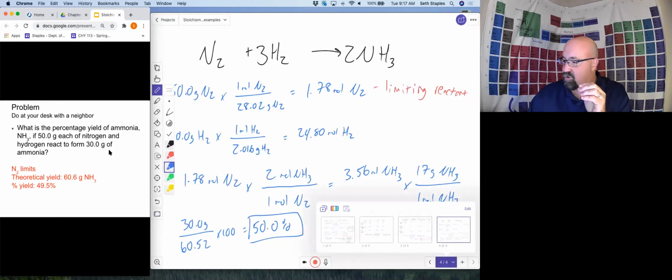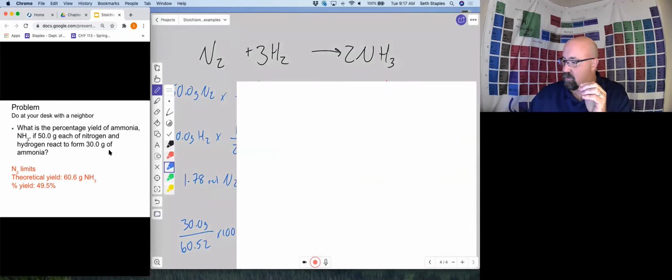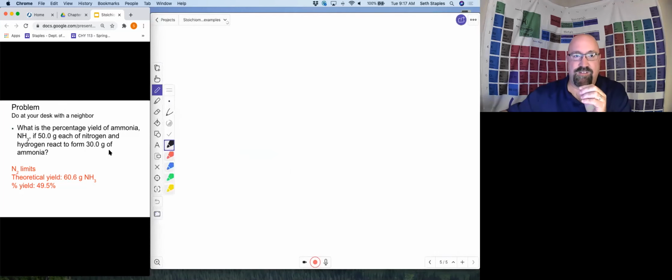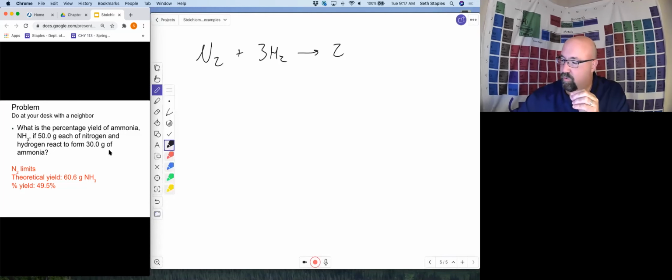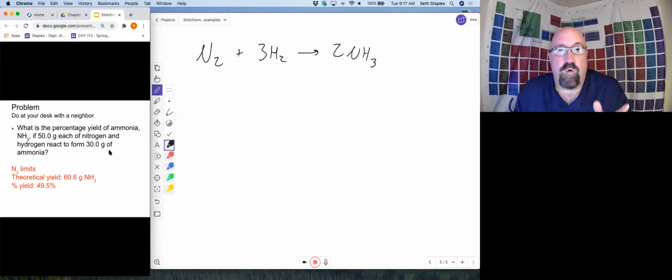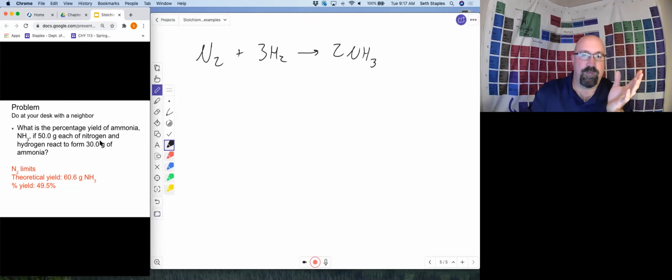Let's go ahead and look at this same exact one. So remember our equation was N2 plus 3 H2s give us 2 NH3s. The other way that we can perform limiting reactant problems is simply to carry the whole reaction out using the amounts of both of our given starting materials.